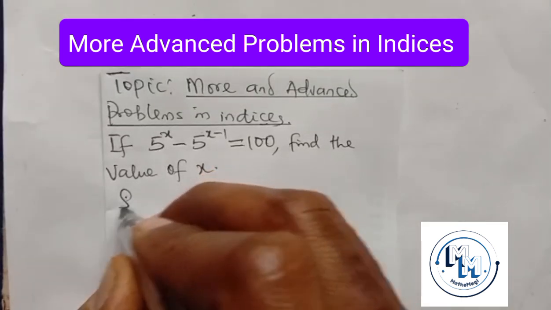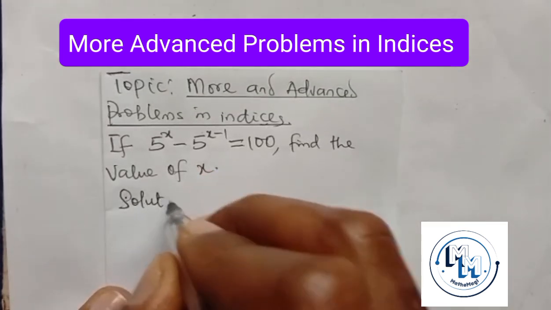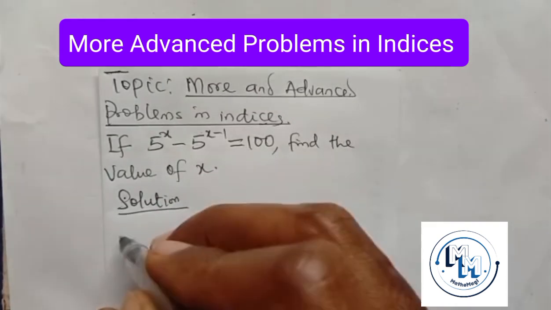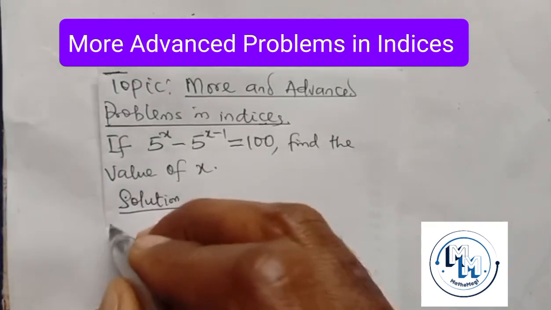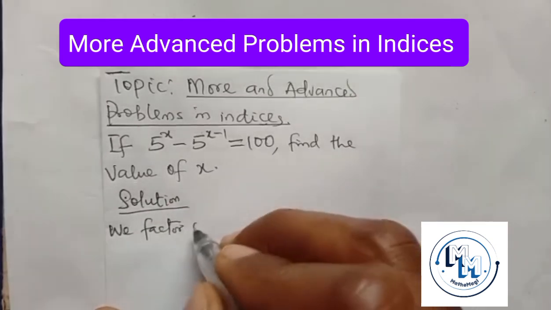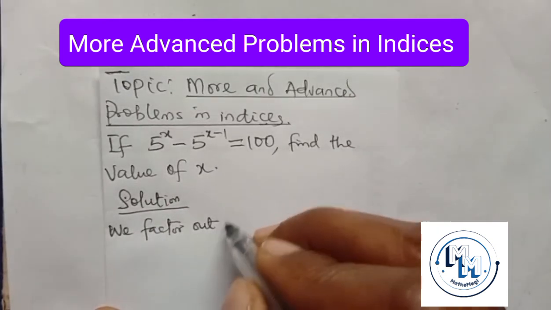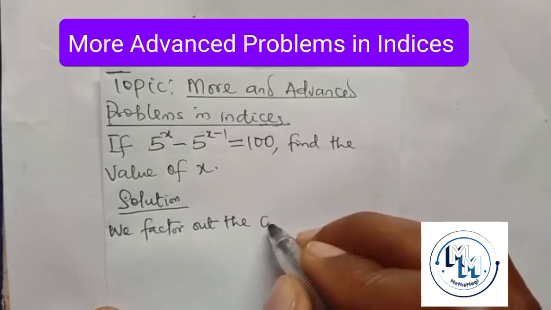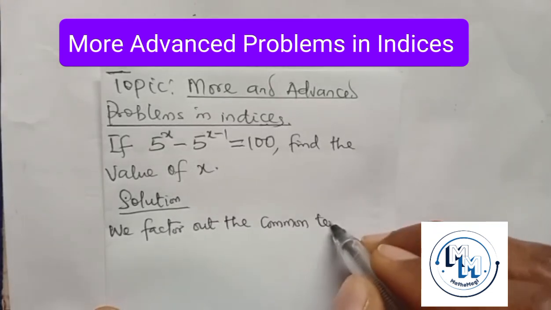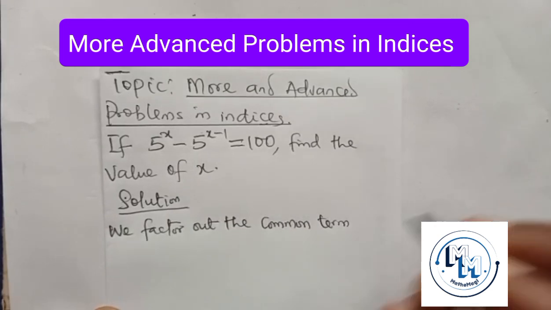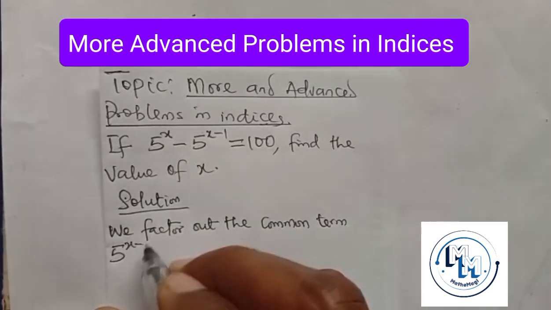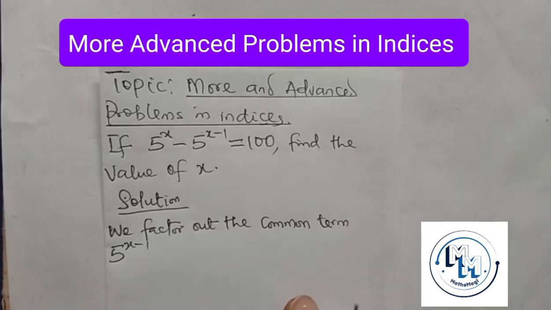Solution: we factor out the common term, which is 5 power x minus 1.